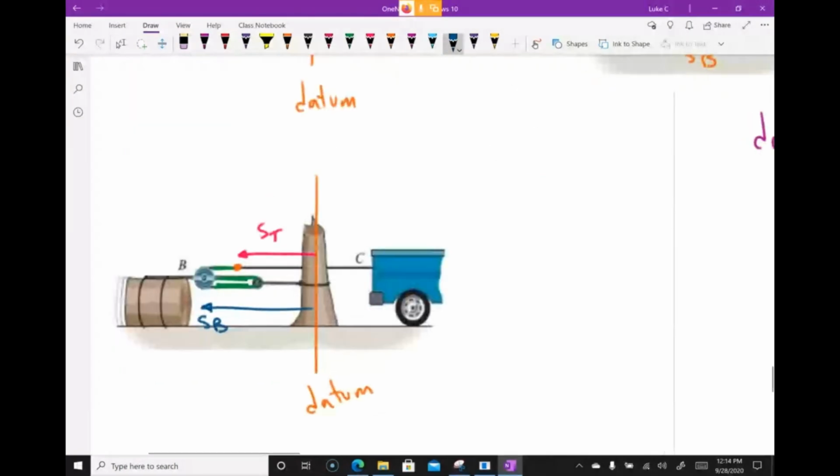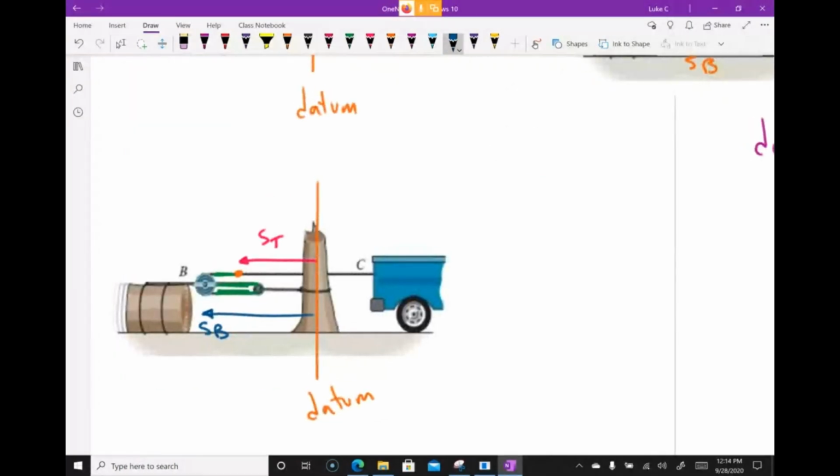Okay, I'm going to zoom right in here. And let's do purple. Right here, that section of rope is SB minus S of the truck. That's just SB minus that point on the truck, that dimension.